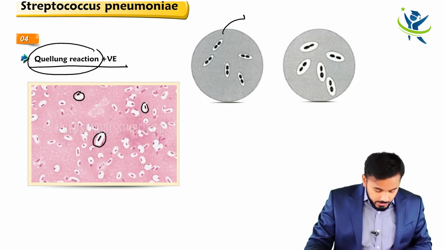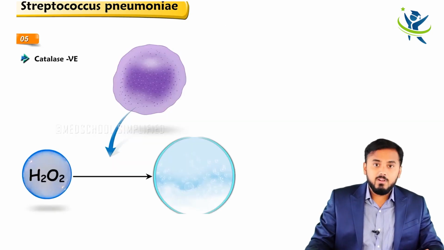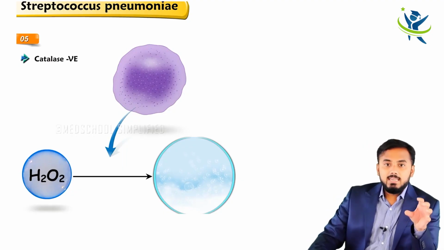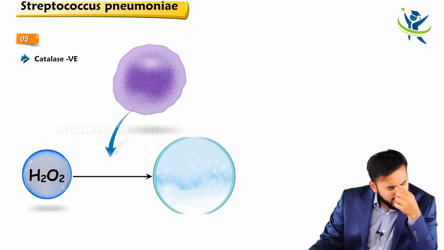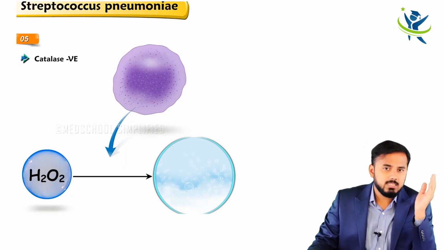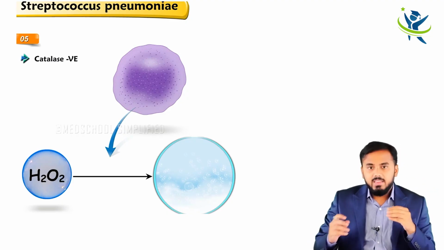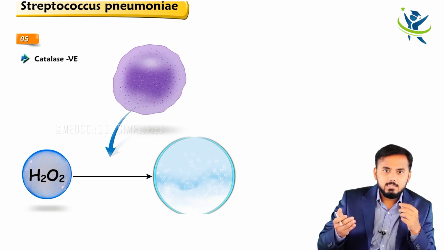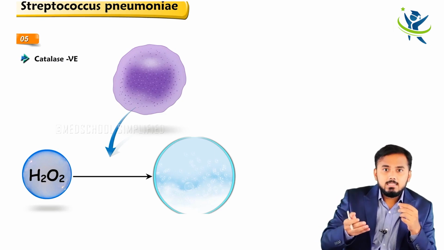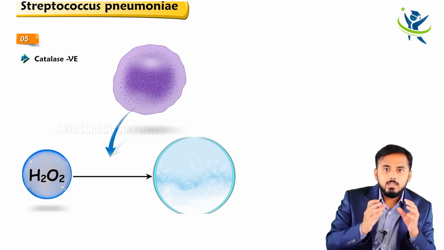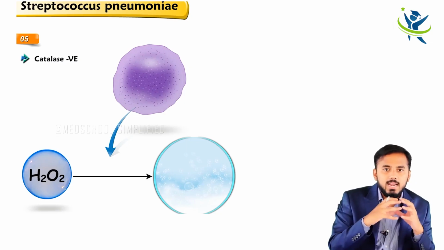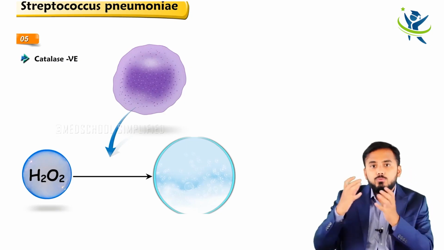When you come to property number 5, this bacteria is catalase negative, and in every lecture I have explained what catalase is. Even now I am going to explain clearly what catalase is. If a bacteria is releasing catalase, this catalase enzyme will convert H2O2, hydrogen peroxide, into foam.